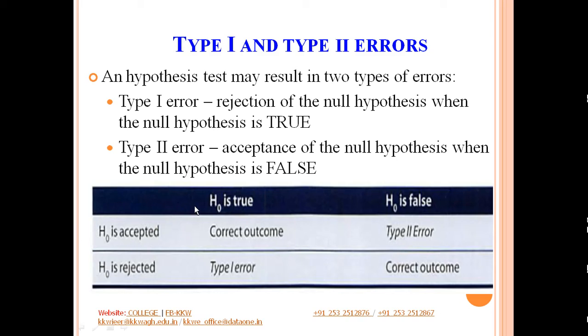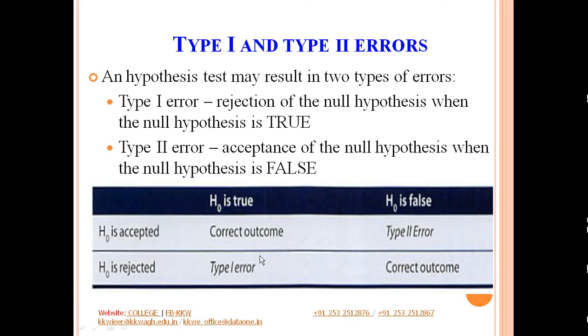It is true also and it is accepted also, that is our evidences support H0, then in that case our output is correct. So that is a correct outcome, so there is no error in this case. Suppose H0 is true but our evidences do not support H0, because of which we have rejected H0, but in reality it is true. So it is a type of error. Which type of error? It is type 1 error, because even though it is true, we have rejected the null hypothesis. So that is our type 1 error in this case.